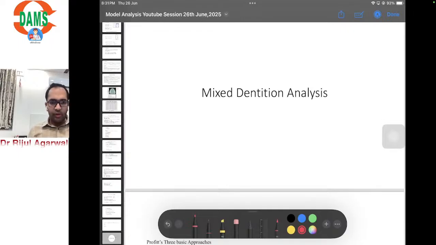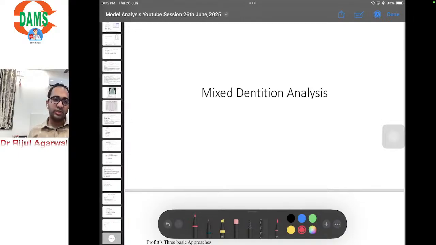Till now, as we know, permanent dentition analysis is required to assess whether we need to do expansion, extraction, IPR, these things. What do we need mixed dentition model analysis for? We require it to predict the amount of future crowding, whether there will be sufficient space.